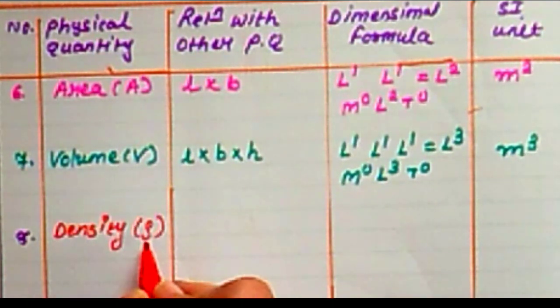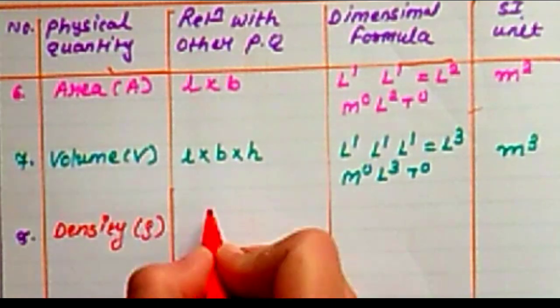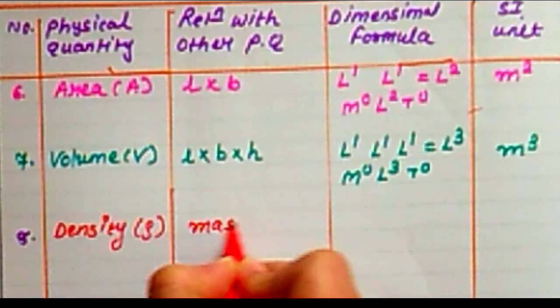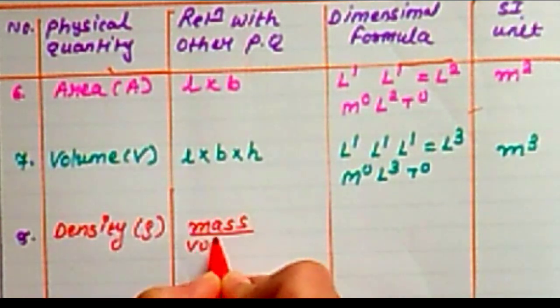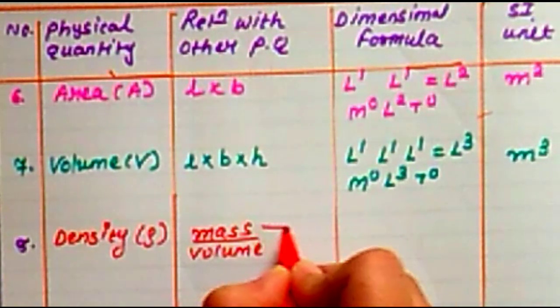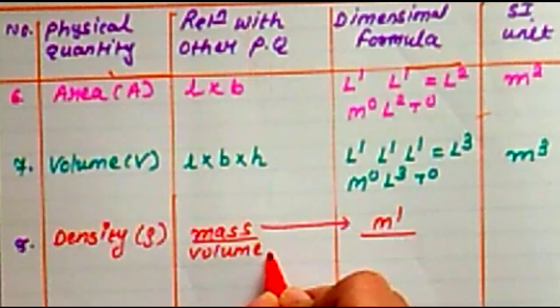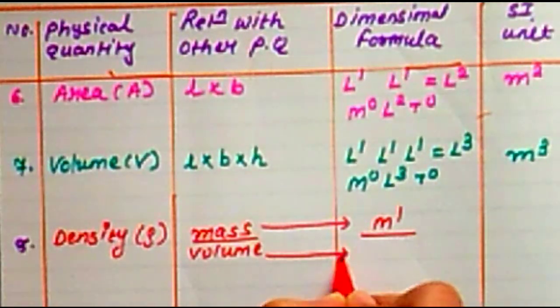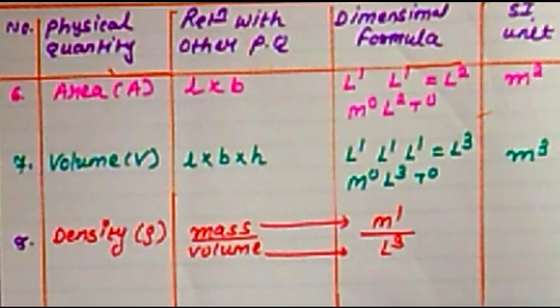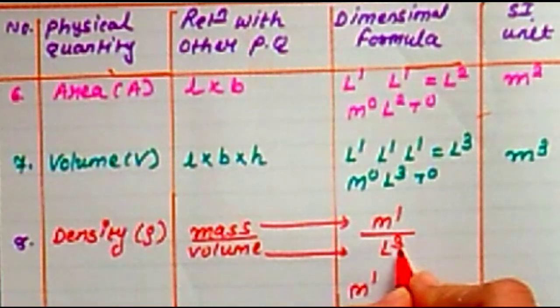Next physical quantity is density and the symbol of density is rho. Now the relation of density with other physical quantities is mass upon volume. Now the dimensional formula of mass is M1 and volume is L3. Now here M1 is as it is.